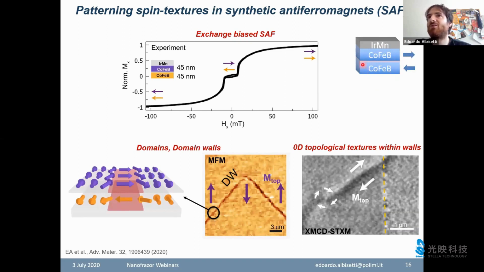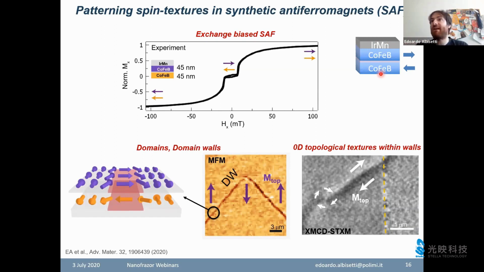So this is called the synthetic antiferromagnetic system, because you have two ferromagnetic layers that are point-by-point oriented in the opposite way with respect to each other, which is something that mimics what happens in antiferromagnetic materials, but at the whole film level.